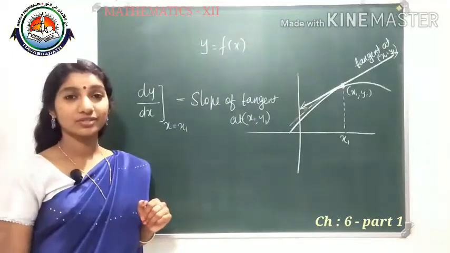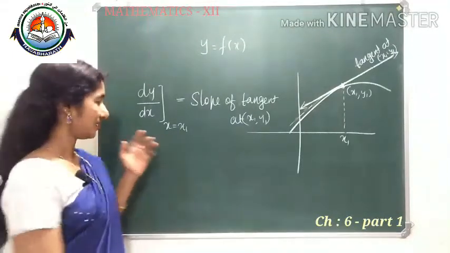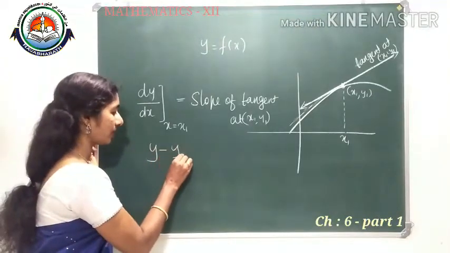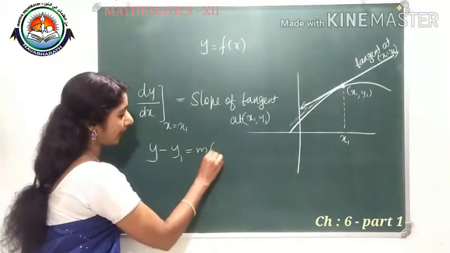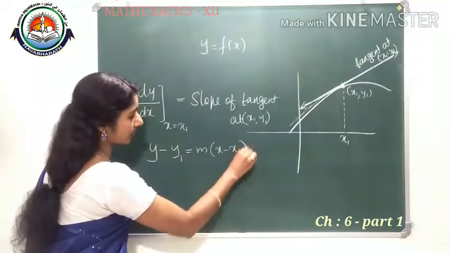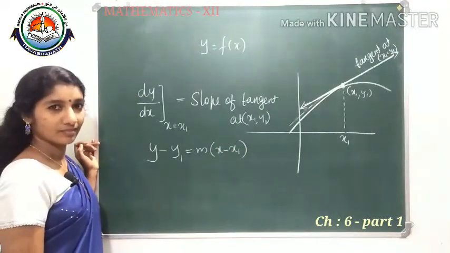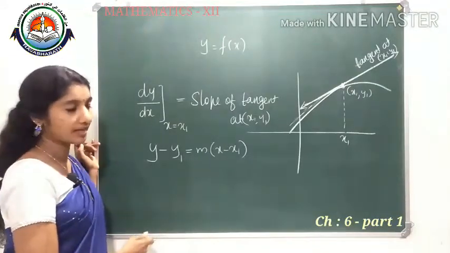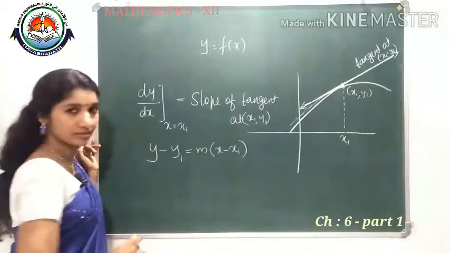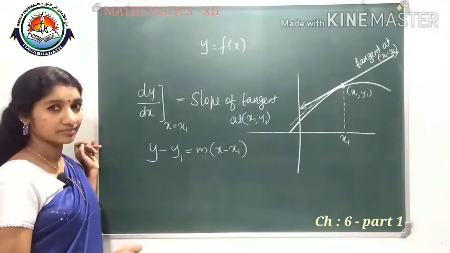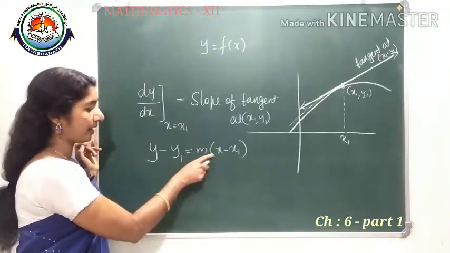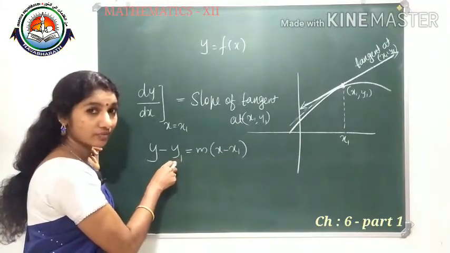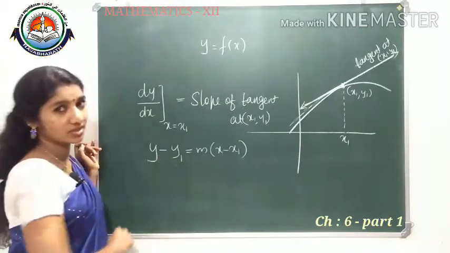Now we can write the equation of the tangent. The equation of any straight line is y minus y1 equals m into x minus x1. We studied this last year: finding the equation of a straight line if you know the slope m and one point x1, y1 on the line.